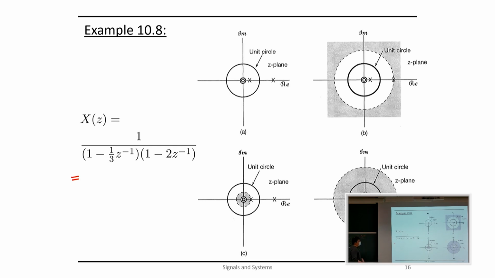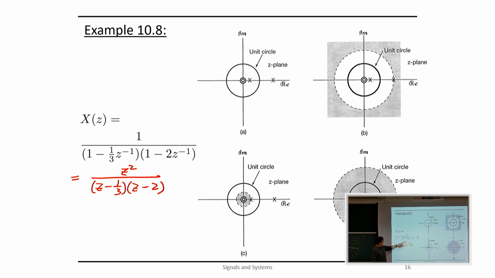You can do this by just multiplying both numerator and denominator by z squared. So you have z squared over z minus 1 over 3 and z minus 2.